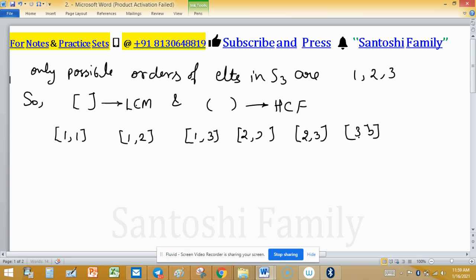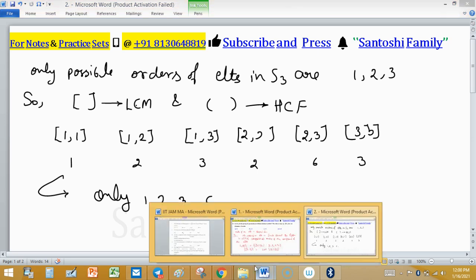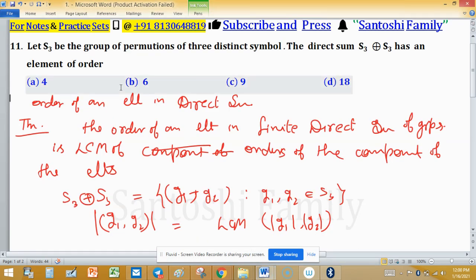Here you can check: LCM of 1,1 is 1, 1,2 is 2, 1,3 is 3, 2,2 is 2, 2,3 is 6, and 3,3 is 3. It means only 1, 2, 3 and 6 are possible orders of an element in S3 direct sum with S3. So which option is giving 6? Option B is right here.